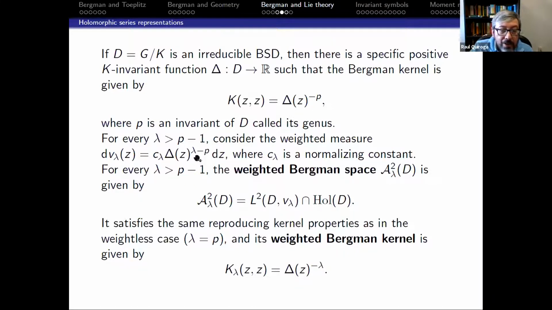And as I mentioned, there is some shift here in the power, because for the weightless case, lambda equals P. For me, lambda equals P gives you no weight, just Lebesgue measure. For Nicolai, it was lambda equals 0. So there is, as I say, some shifting here.